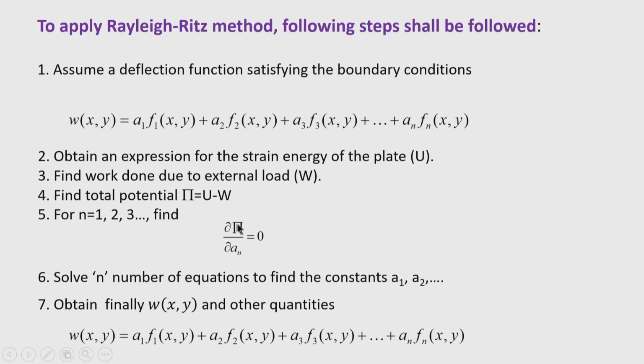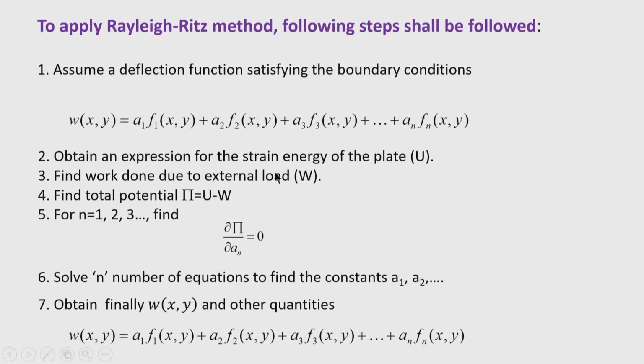The beauty of this method is that since the energy expressions are all square terms, quadratic terms, when we differentiate with respect to say a1, a2, which appear as square quantities in the total potential, then after differentiation it becomes a set of linear equations. So, we have to solve n number of linear simultaneous equations involving the unknown parameters a1, a2 etcetera.